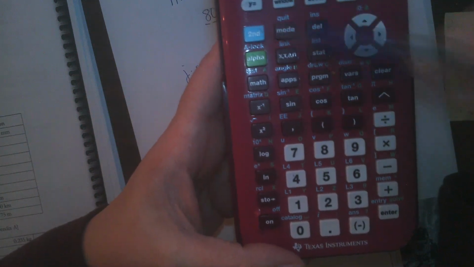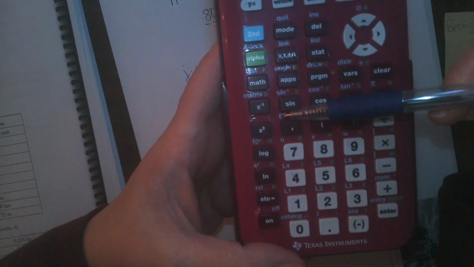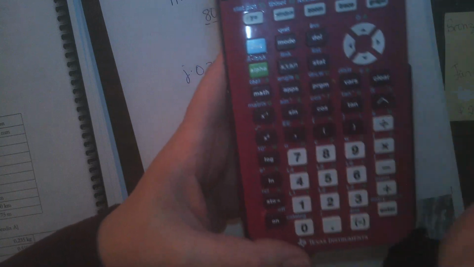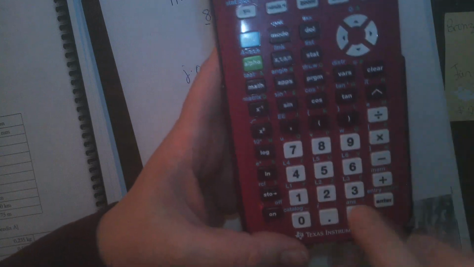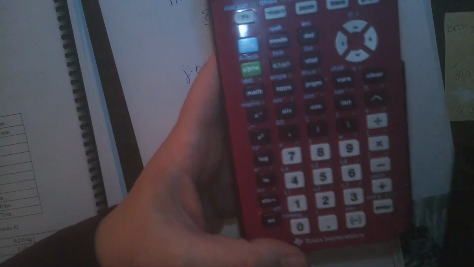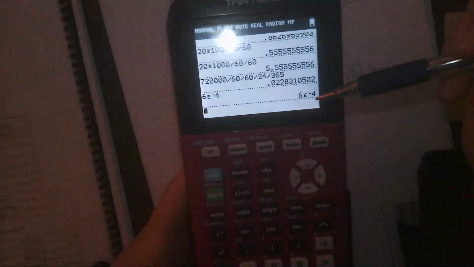If you were to go shift and then this EE on the face of your calculator, if I go 6, second EE, negative 4, so this is what his answer looks like. 6E negative 4.